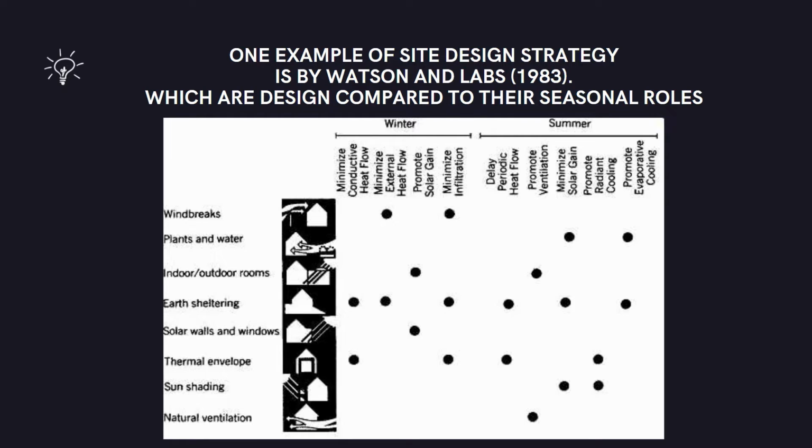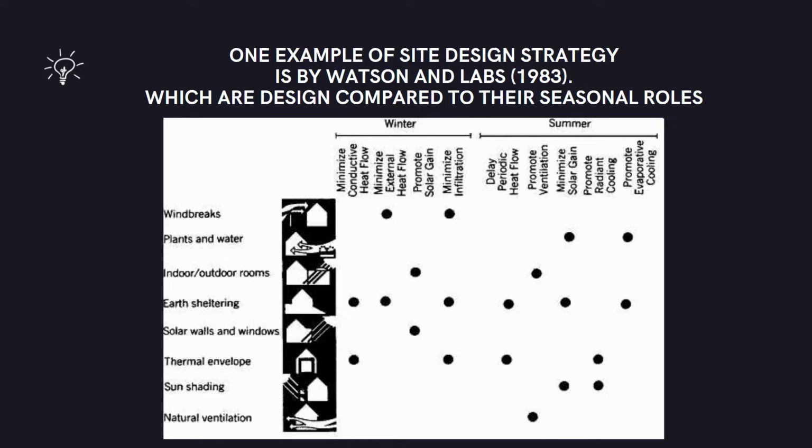For example, the windbreaks. During the winter season, the building has a minimized external heat flow because of the windbreaks. It also has a minimized infiltration because the building has protection from any external forces or external winds. And next, for example, the sun shading.